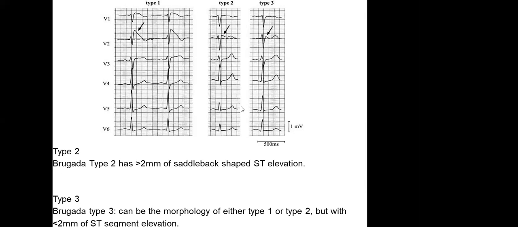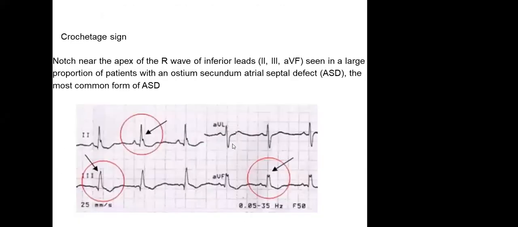In Brugada type 3, there is morphology of type 1 or type 2, but the coving will be less than 2 mm, and these are typically not considered very problematic. Type 1 has more associated abnormality and should not be missed if you come across such an ECG.